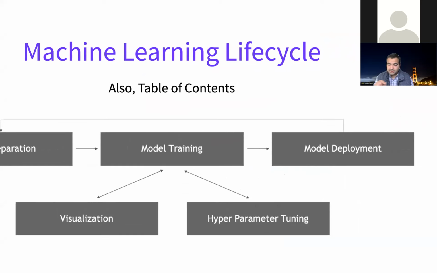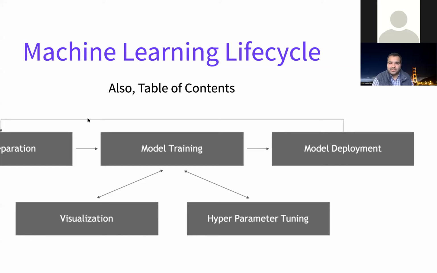Now, the reason it's called a loop is because as soon as you deploy your model, it's already out of date because data is coming in from the real world all the time. So you can't just train your model on the data set and then expect it to be the current model at all times. So all you need to do is, when you deploy your model, you look at certain metrics. Maybe you look at throughput, latency, accuracy, and then you determine whether you need to change your model.